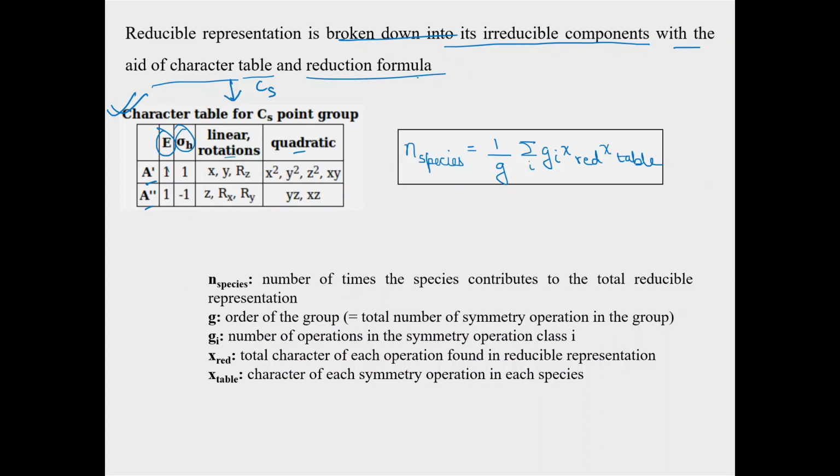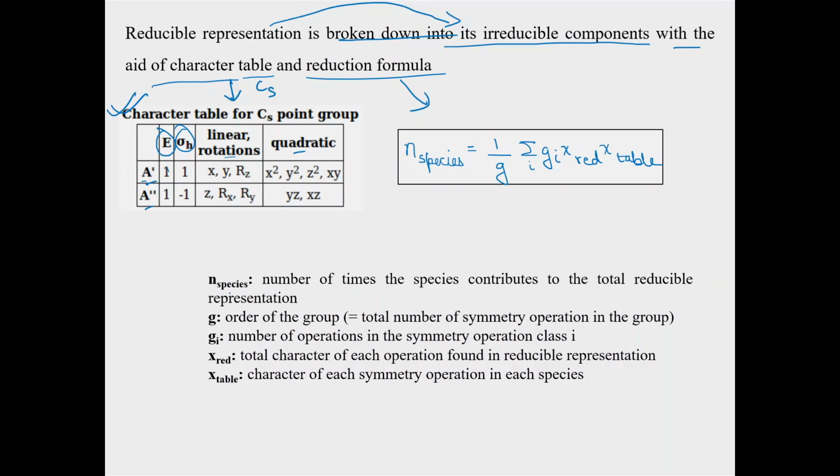And this is the reduction formula by which we can break down this reducible representation into its irreducible components. The formula is n species, where by species here we mean A dash and A double dash, equal to 1 by g, summation over i of gi times chi reducible times chi table.